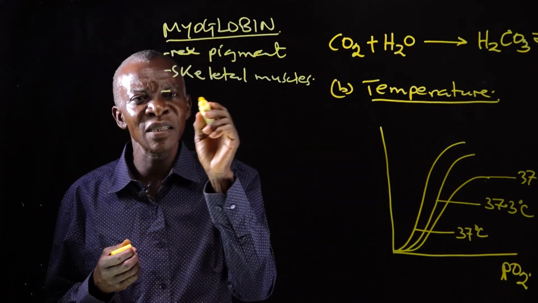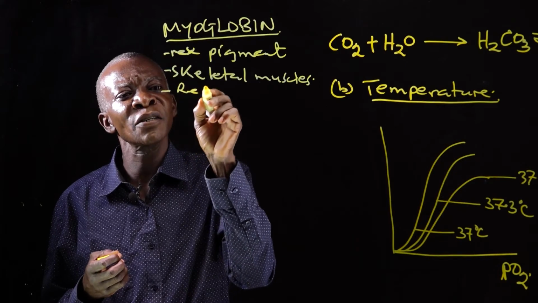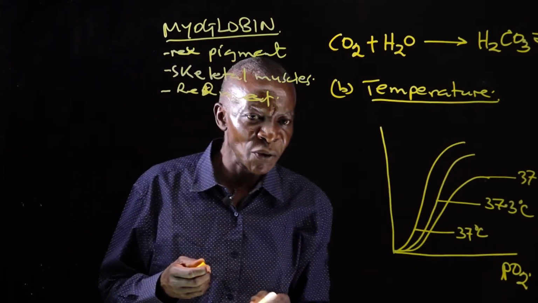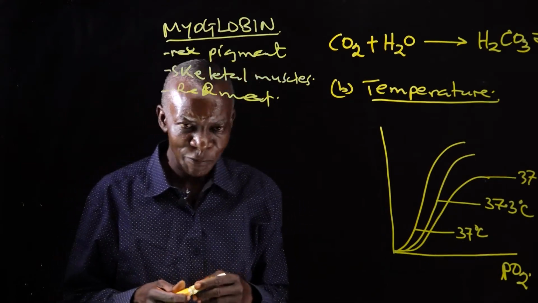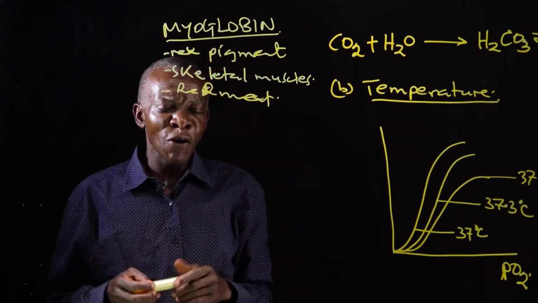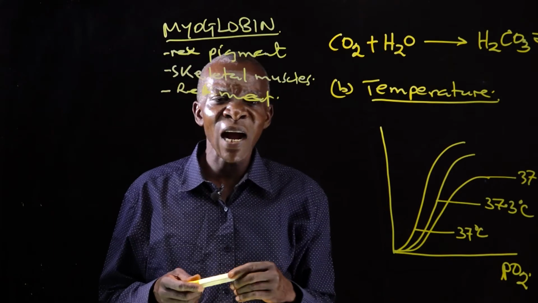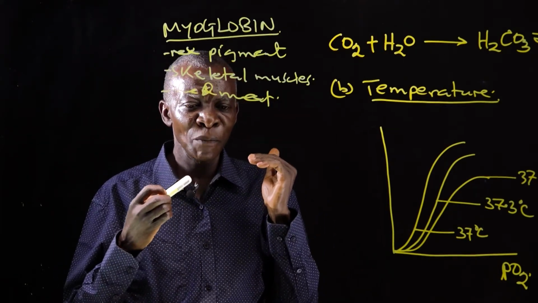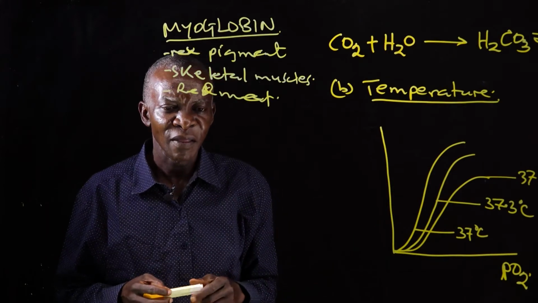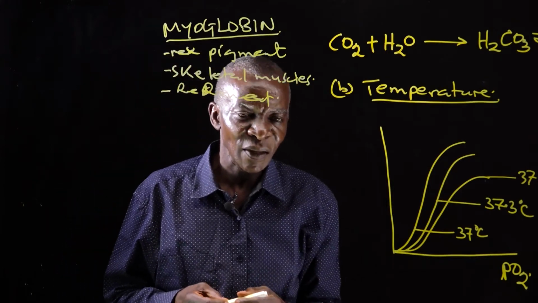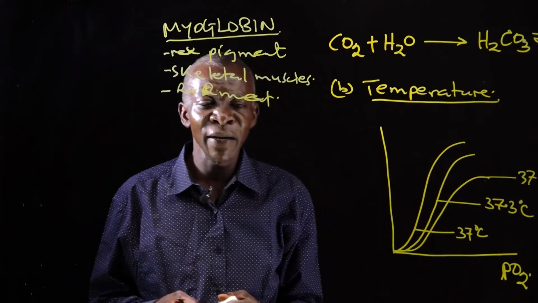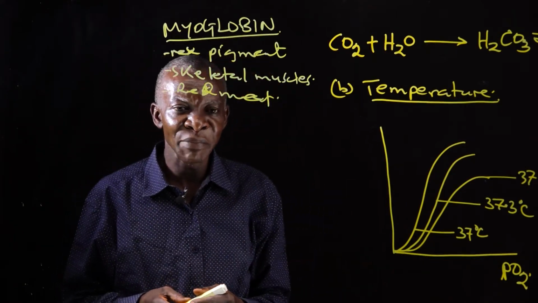I mean, it is responsible for the redness of meat. Well, myoglobin has a greater affinity for oxygen than hemoglobin. And for that reason, it is used when all hemoglobin has been exhausted.